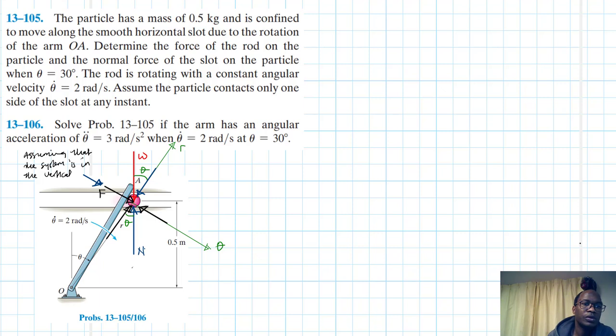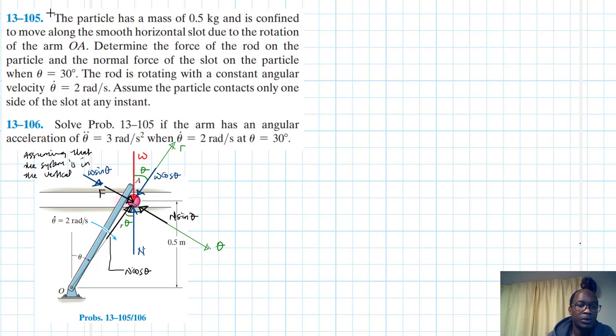Let's label this. So this becomes N sine theta, and this is N cos theta. Then this one is W cos theta, and this one is W sine theta.